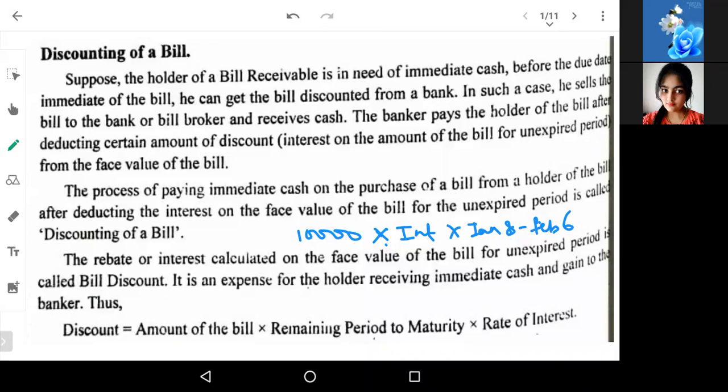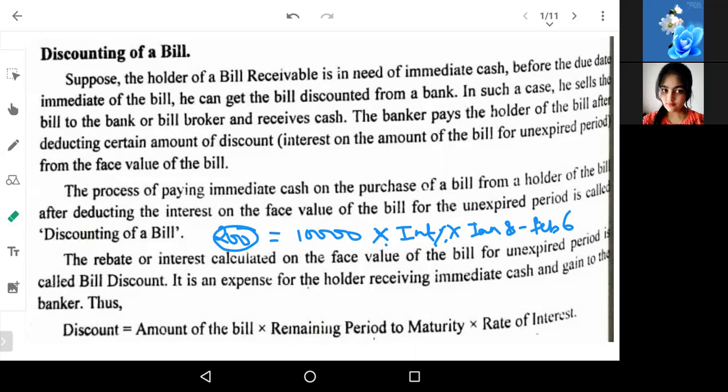That amount is called bill discount. So the 200 rupees in our example, which they deducted, is calculated on the face value of the bill multiplied with the interest percentage into the unexpired period. The remaining period to maturity is called the unexpired period.